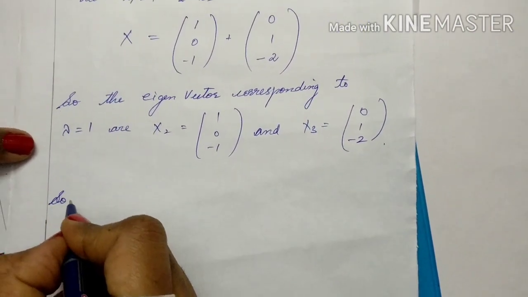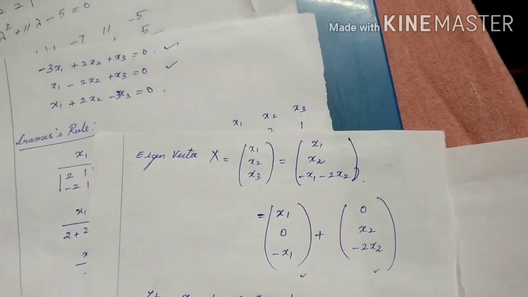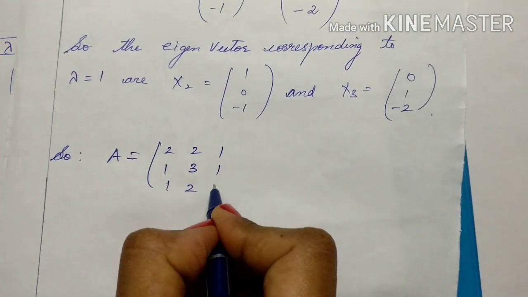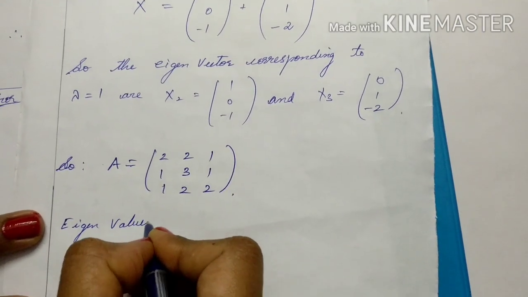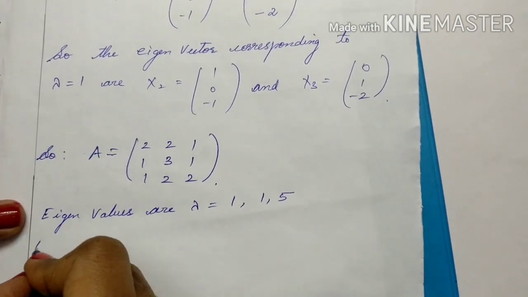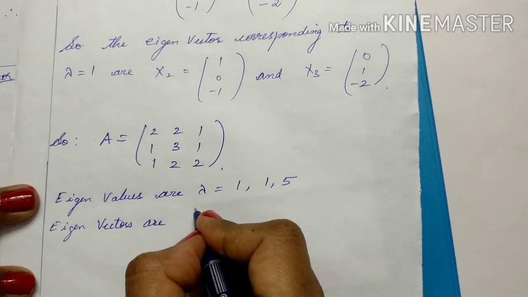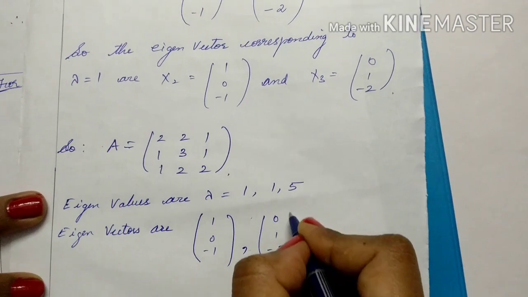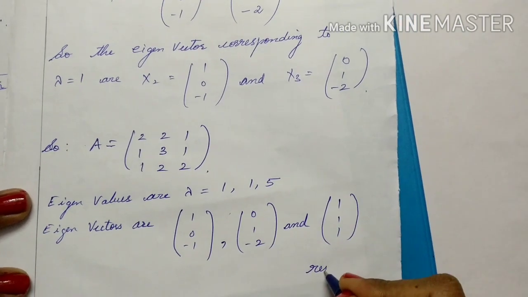So for the given matrix A is equal to 2 2 1 1 3 1 1 2 2, eigenvalues are lambda is equal to 1 1 5 and their corresponding eigenvectors are 1 0 minus 1, 0 1 minus 2 and it is 1 1 1 respectively.